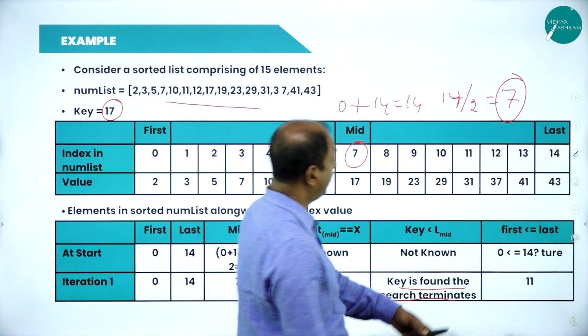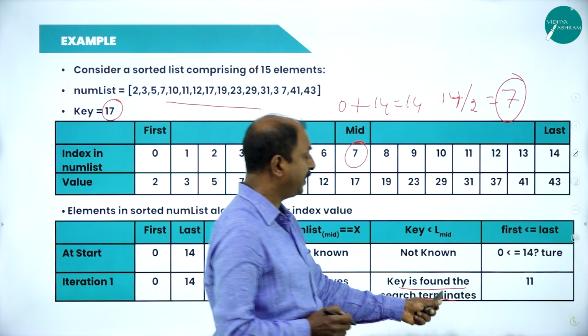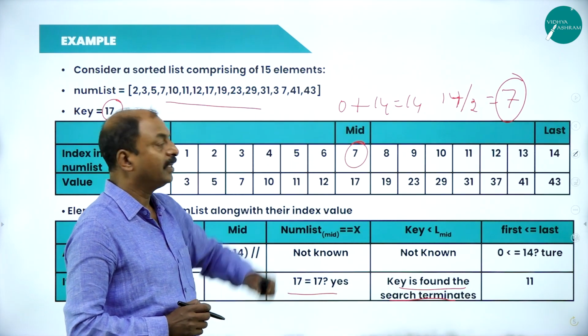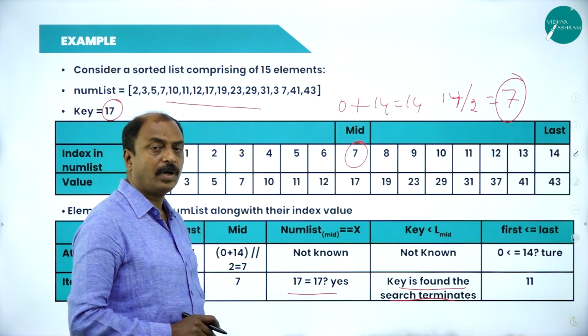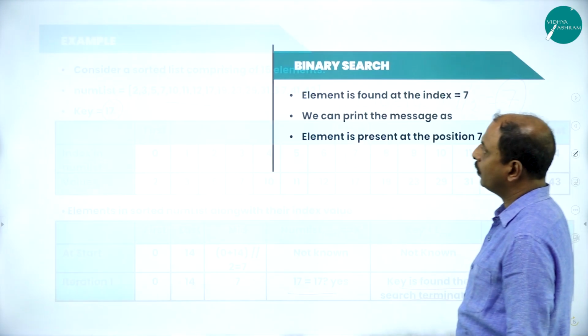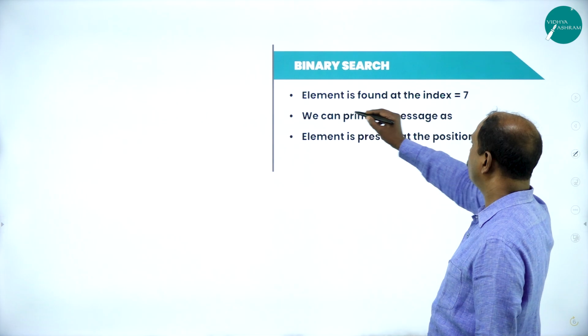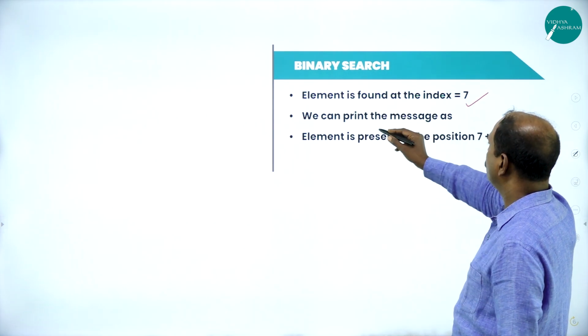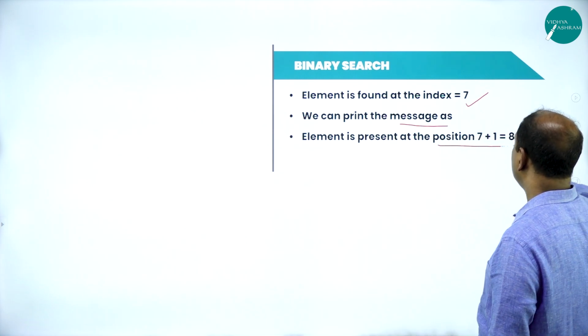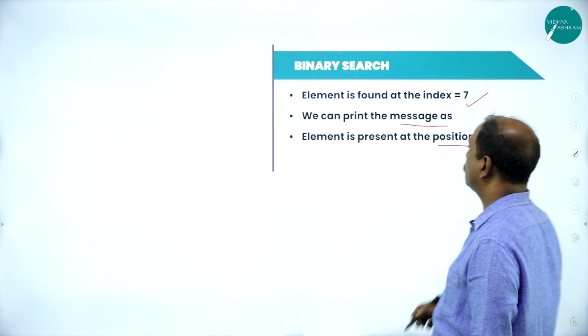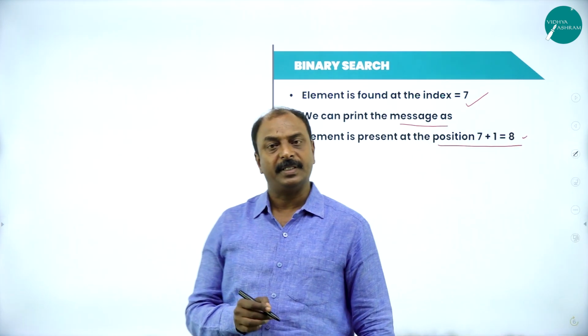So we say that the element is present at index 7, or at position 7 plus 1, that is 8. See, this is an example of binary search.